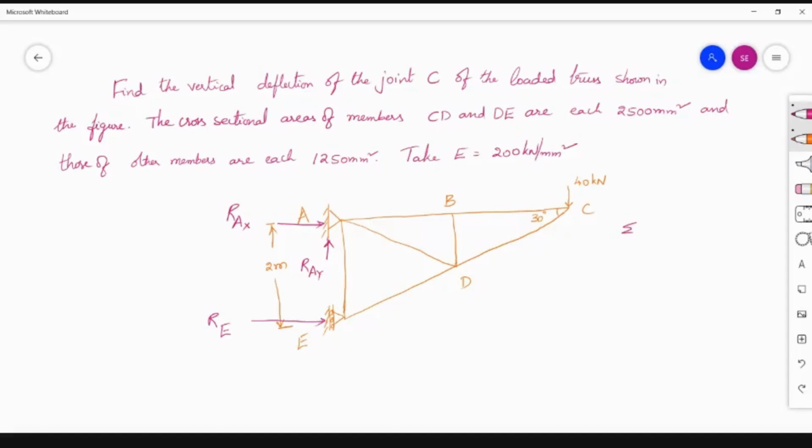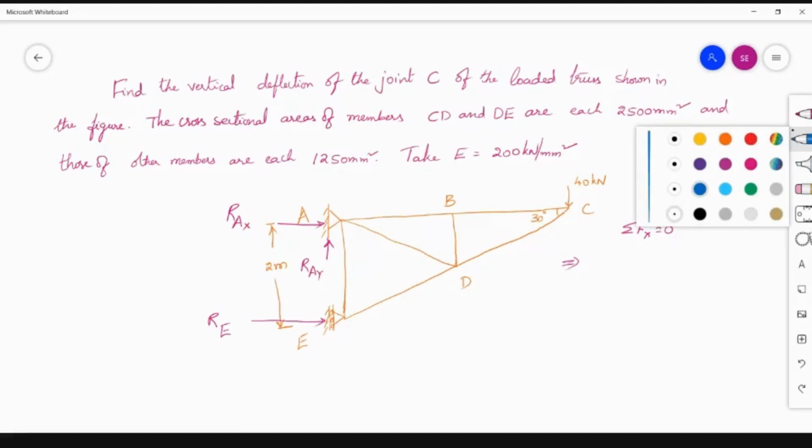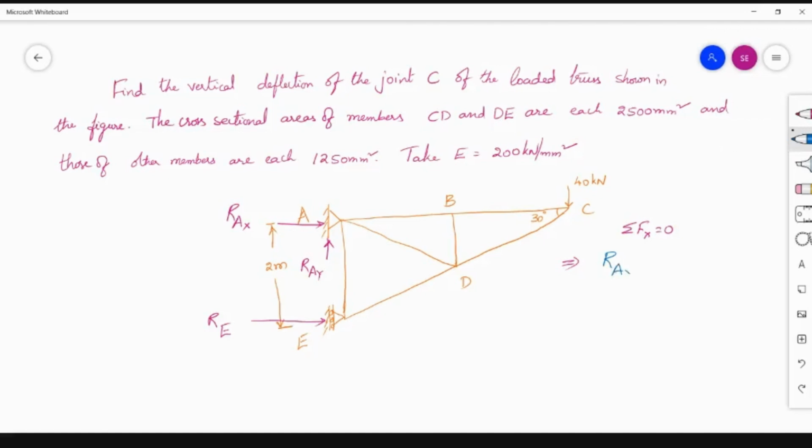Take sigma Fx equal to 0. That implies RAX plus RE equal to 0.